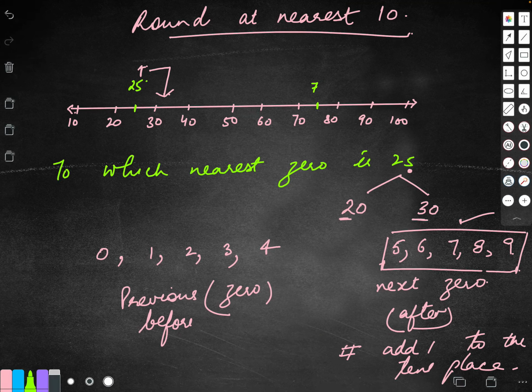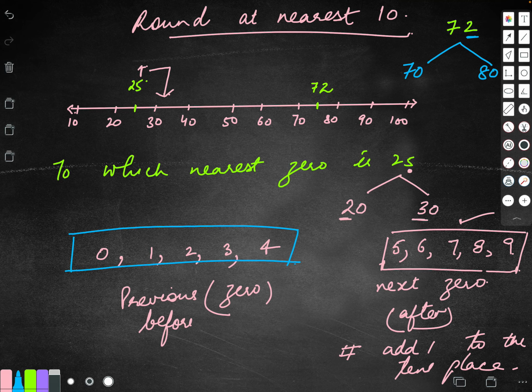I will just change the number over here. If I give you 72, children, two options, 70 and 80, how will you decide? You will see that ones place, check out, it is in this box or in the upward box.